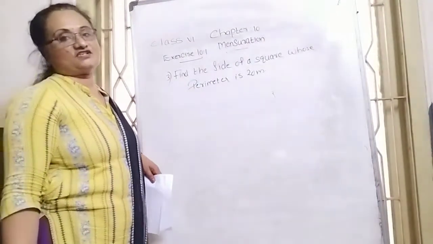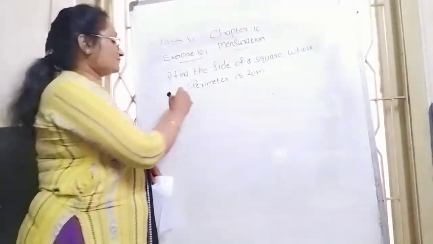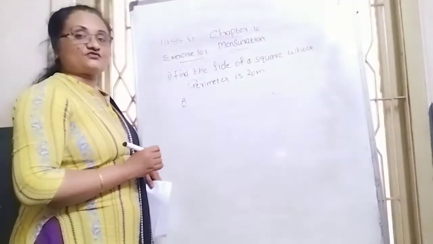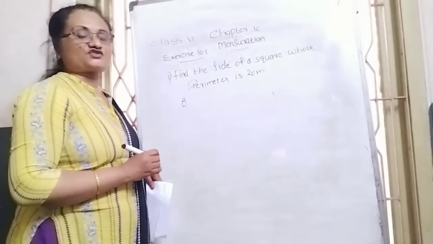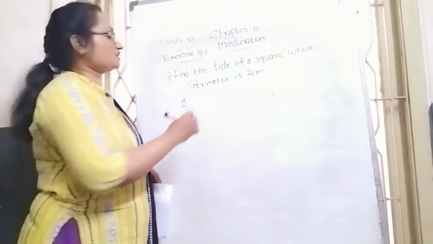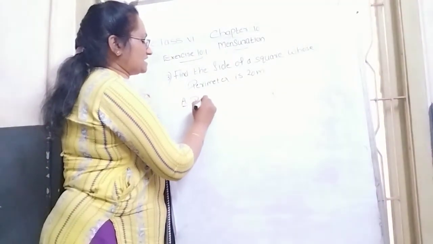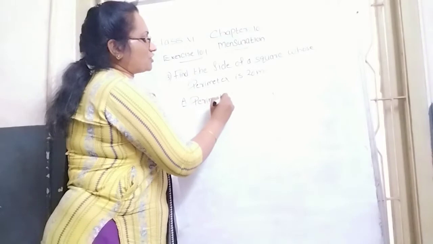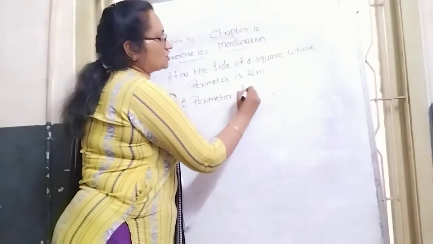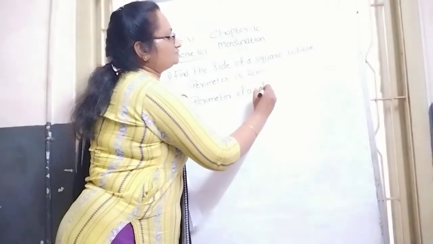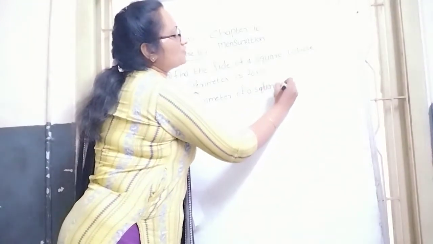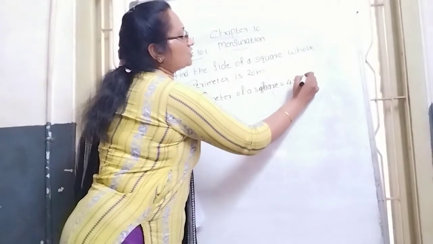Find the side of the square. What is the formula for the perimeter of a square? The perimeter of a square is 4 into side. So we can write the formula: perimeter of a square is equal to 4 into side.